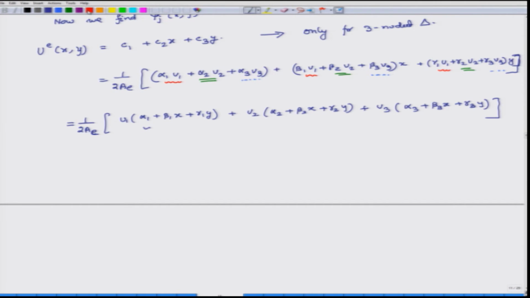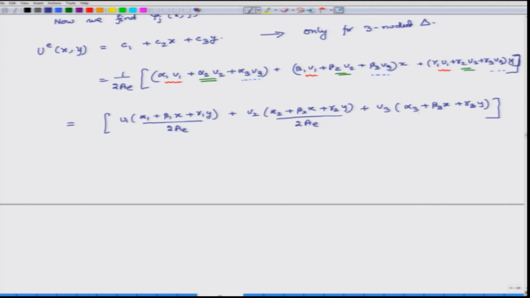This function I call psi 1 x y, because it depends on x and y only. Just to be consistent and accurate, I will divide this by 2AE.